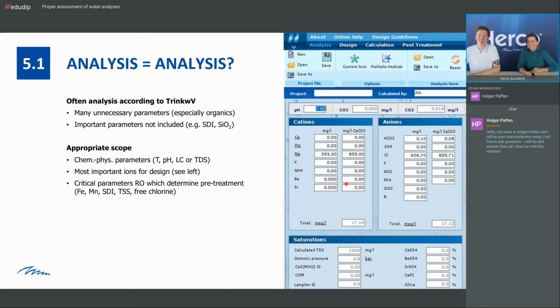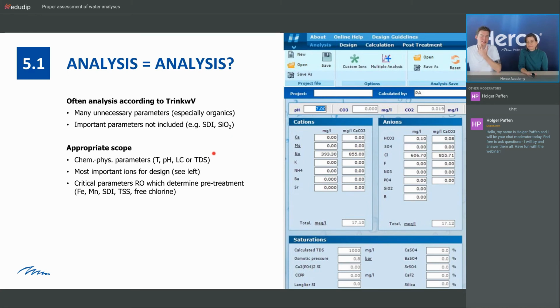On the anion side, we have chloride. And you see, we have many unnecessary parameters, especially organics. Important parameters are often not included, like silt density index or silica.